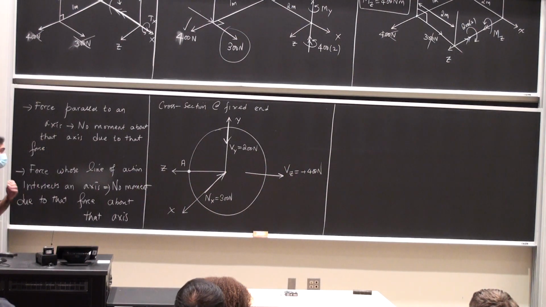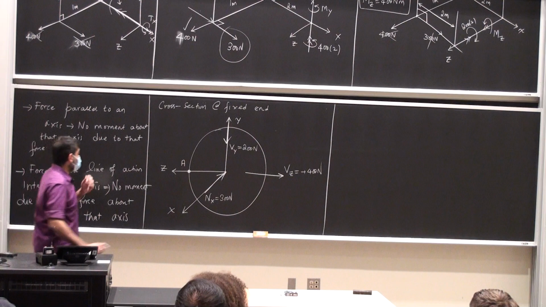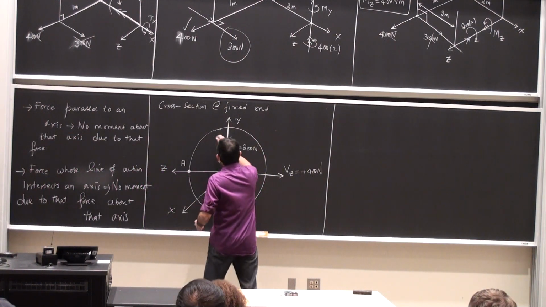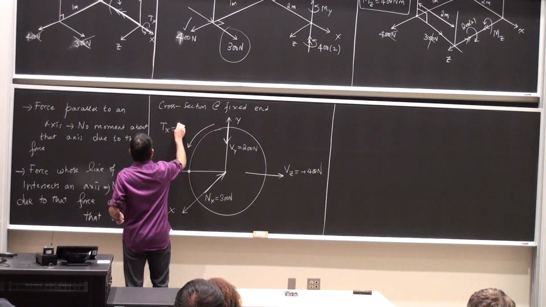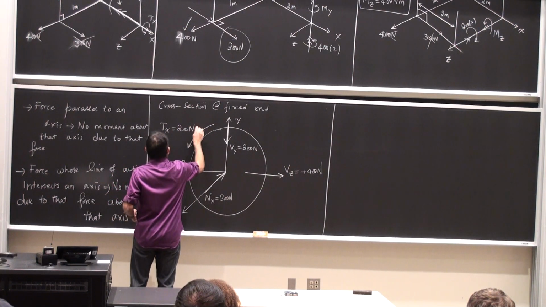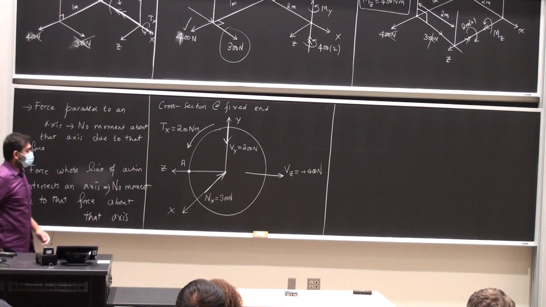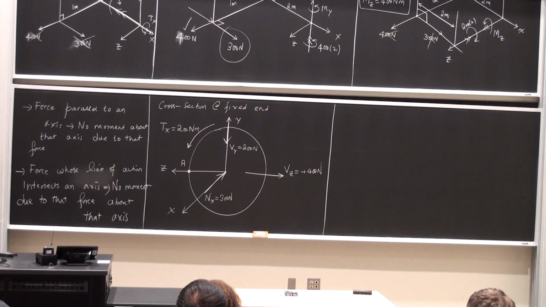Then I have all my couple moments. Now I have the torque, first of all, Tx was positive 200 Newton meters, so it's a counterclockwise torque. Then I had Mz, 400 Newton meters along the positive z direction.